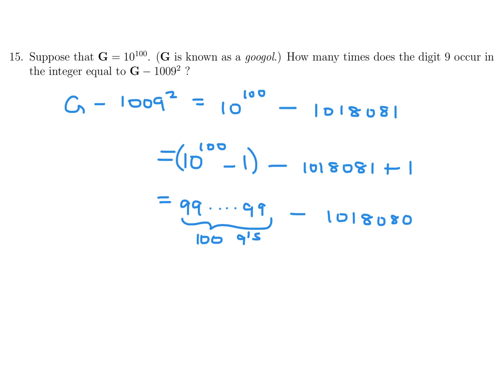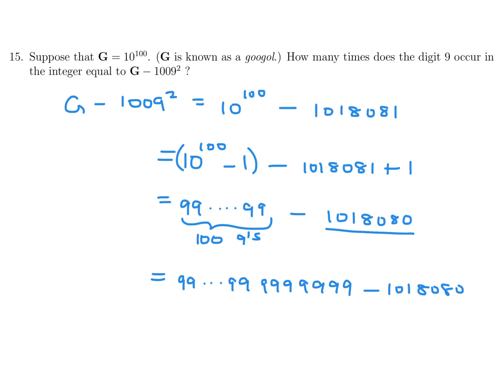Okay. And then now, that shouldn't be a problem now, because this whole bunch of 9s eventually will be untouched, except for the last 7, right? Because this is 7 digits, so only those 7 digits. So let me put those 7 9s separately like that. And then this 1,018,080.